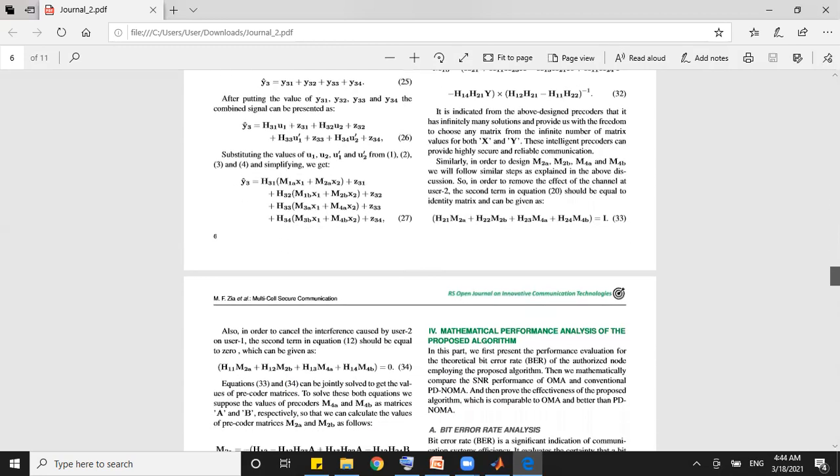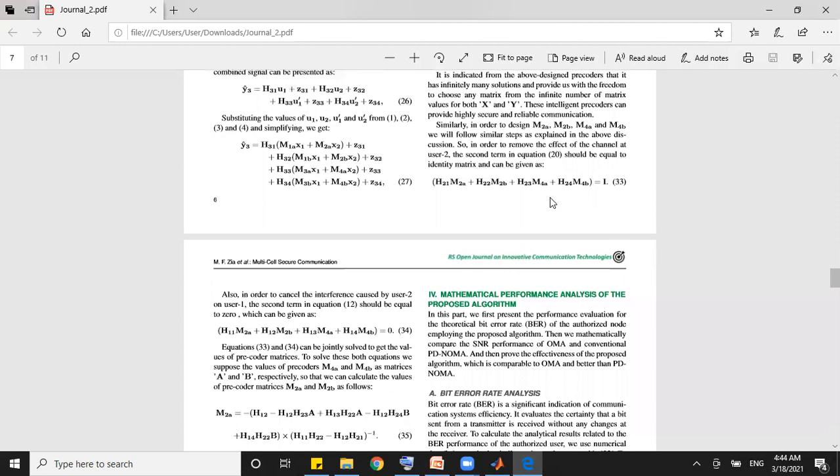And similarly, for the second set of precoders, we consider the second term of the user 2 receive signal as the identity matrix, and the second term of the user 1 receive signal as zero.